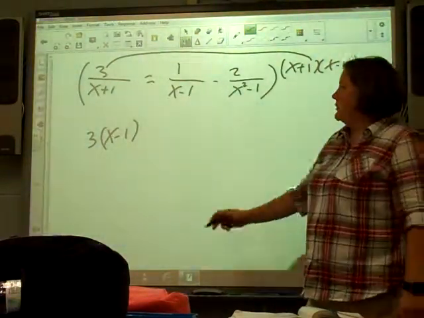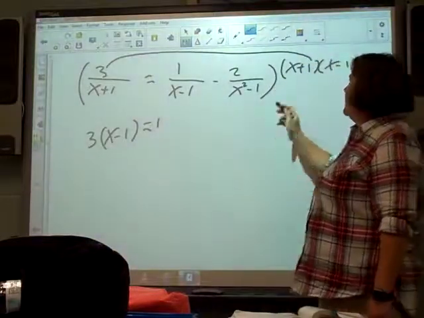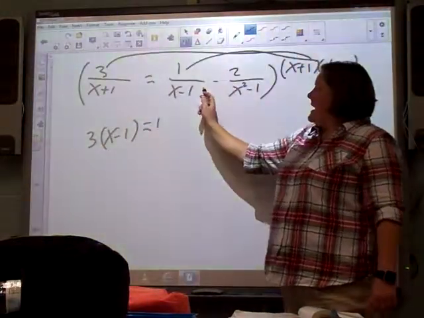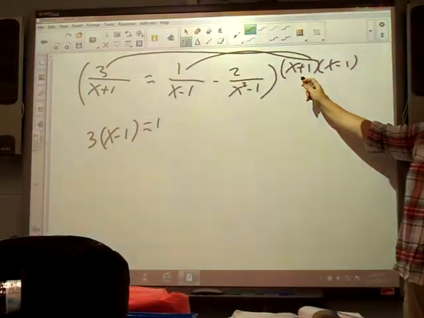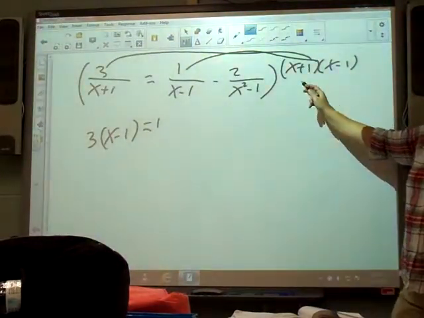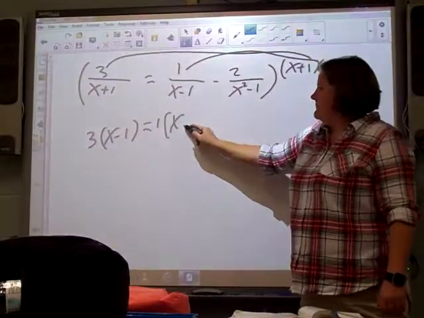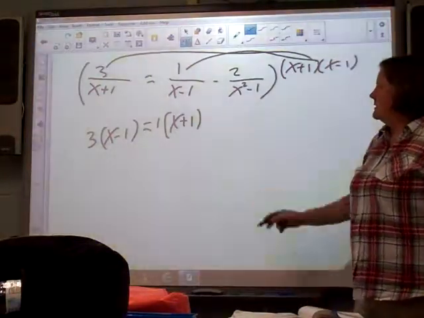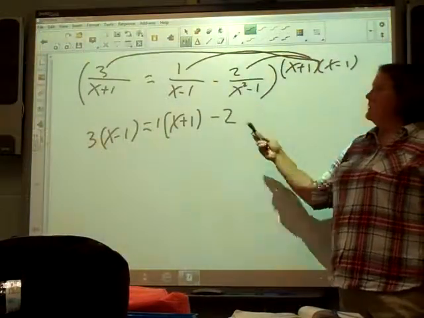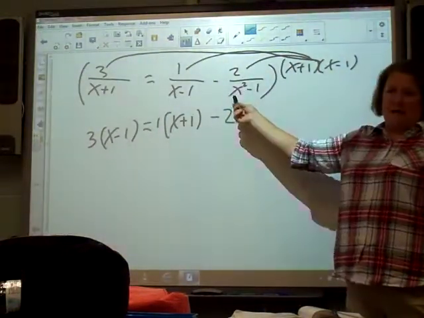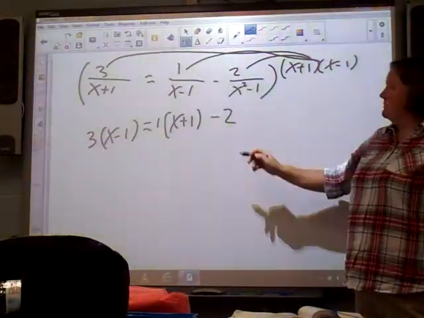Bring down my equals, bring down my 1. When I distribute here, x minus 1 will cancel out, so I still have to multiply it by the x plus 1. You follow that? Minus 2, when I distribute it here, the whole thing cancels out. So I just have the 2 there.